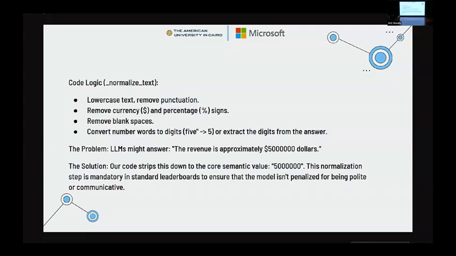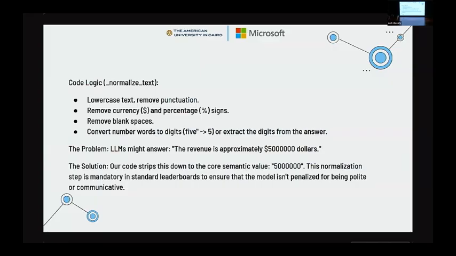The normalizing function works mainly by lower casing and removing the punctuation of the answer and removing all the signs of currency, percentage, blank spaces. And we also extract the digits from the answer, or if there is a word that signifies a number, we convert this word to a digit so that we can use it in comparison with the ground truth.